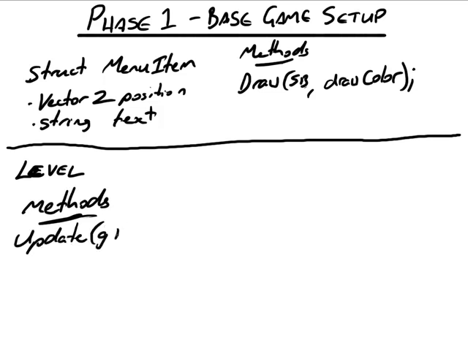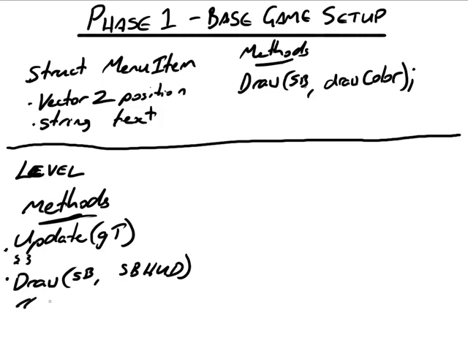Update. We will pass it game time just because it will need it at some point. It won't do anything. And draw, which will be taking in the sprite batch for layer depth drawing and the sprite batch HUD for non-layer depth drawing. You know what, we may as well tell it to draw some text.